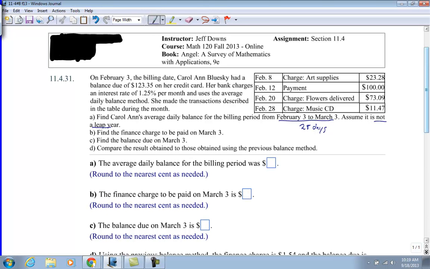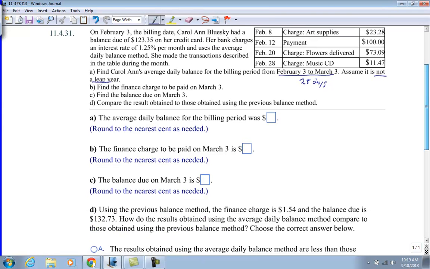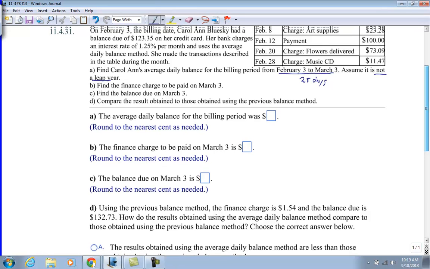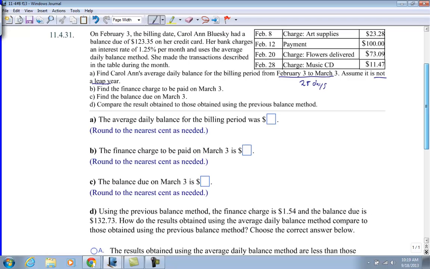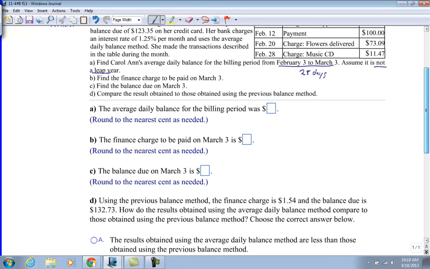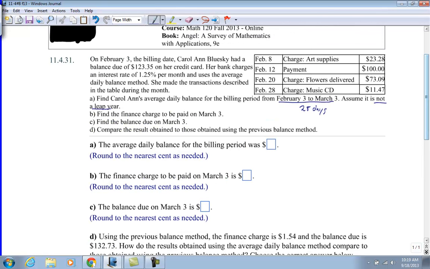Okay, they give us what it is for the previous balance. Okay, so here we go. So she started with, let's do our date again. Balance.